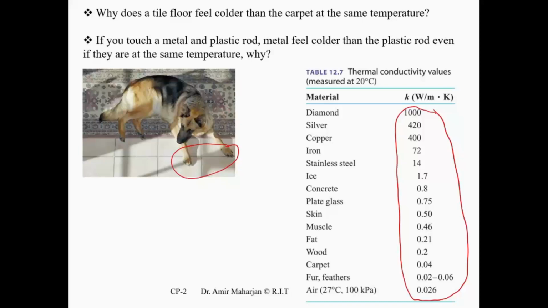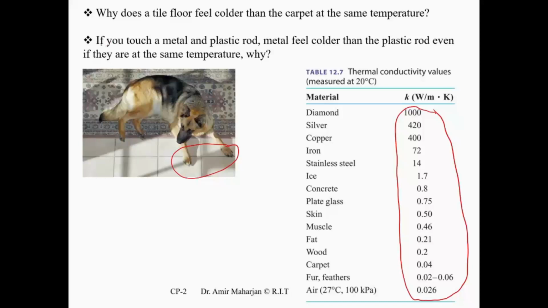Carpet is a poor conductor, an insulator. So when you touch the tile floor, the rate of conduction of heat from your body to the floor is higher, and that's why you feel colder, even if carpet and floor are at the same temperature, because of the rate at which the heat transfers.